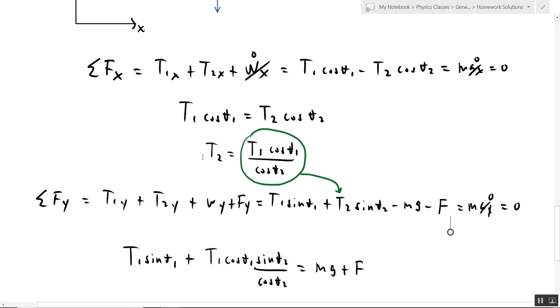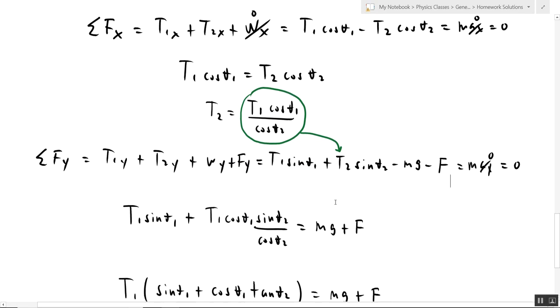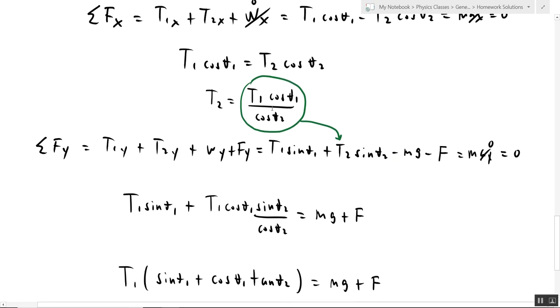So what you can do is solve the first equation for T2 and then plug that in. What that does is it gets rid of everything but T1. You know both the angles, you know the mass, and you know the force. So instead of writing T2, I write T1 cosine theta 1 over cosine theta 2 here.